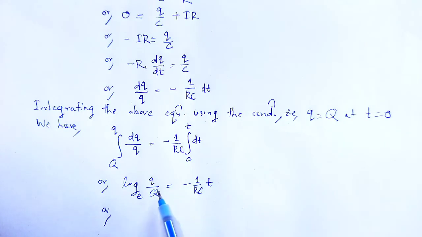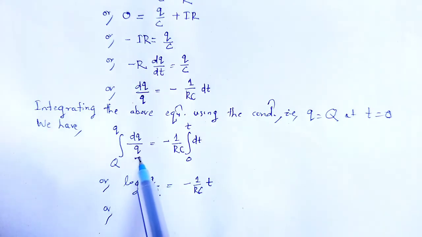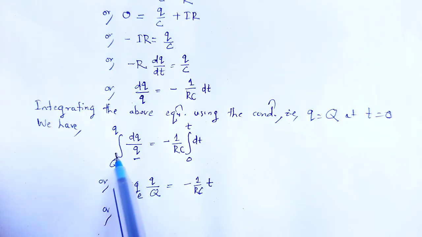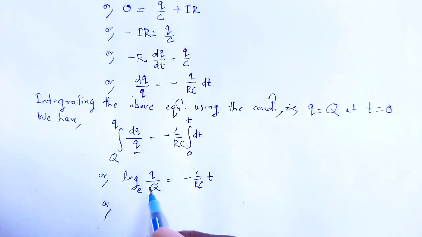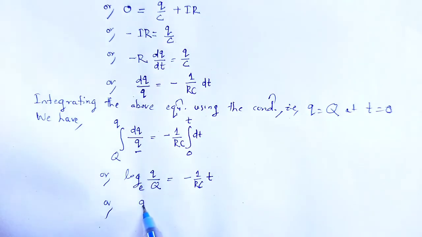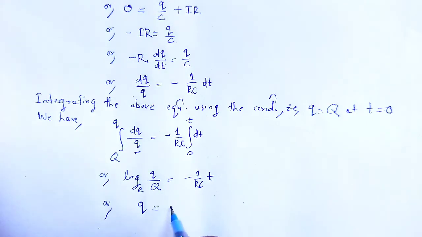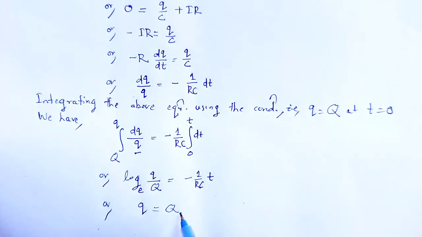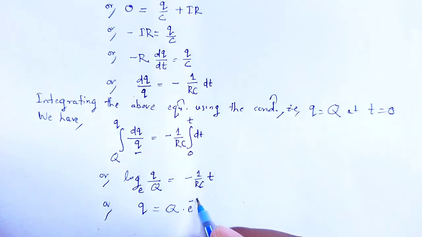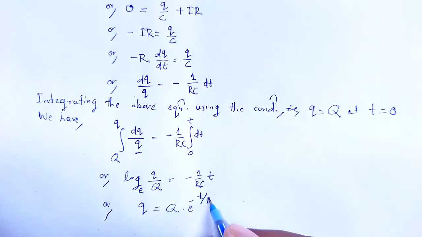Taking the antilog, the result is Q is equal to Q naught e to the power minus t by RC.